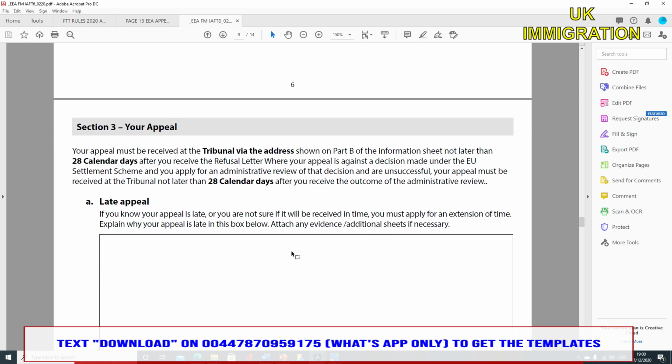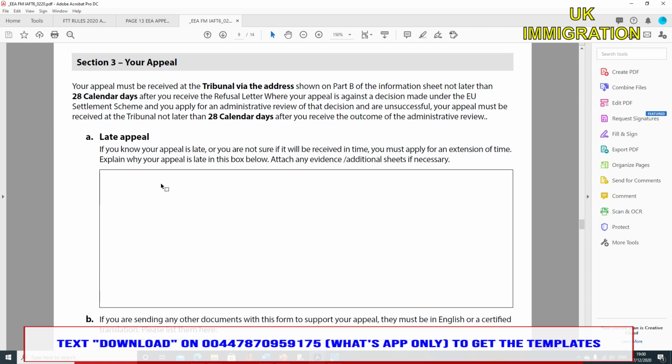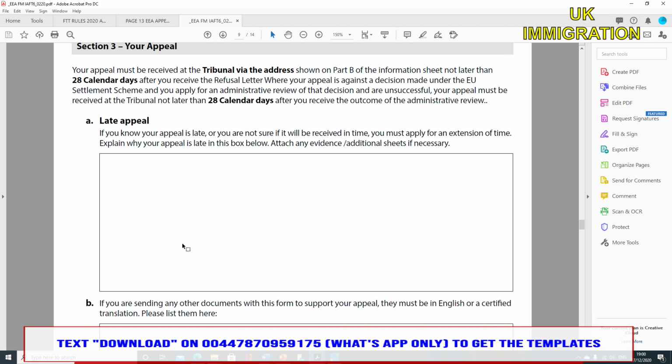Okay, so when you go on to the next section, if your appeal is late for any reason, you need to mention the reason for being late. Here you will write your reasons, either there were compelling and compassionate circumstances, and what were the reasons why you could not file your appeal before.